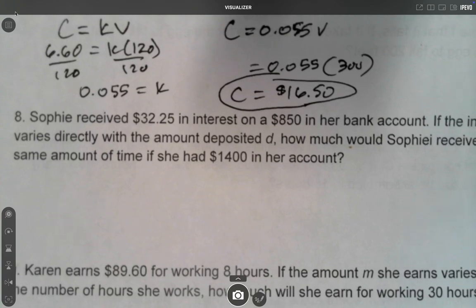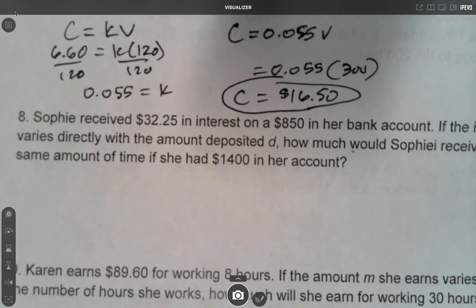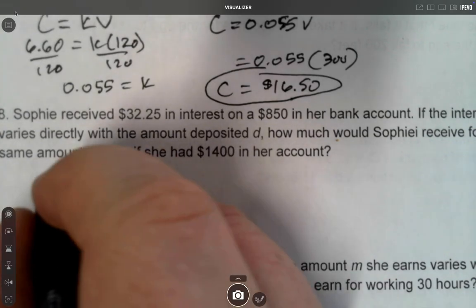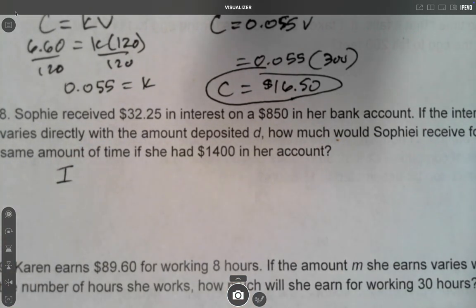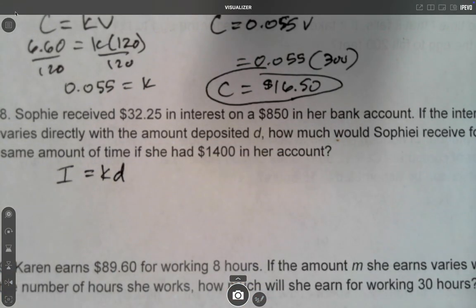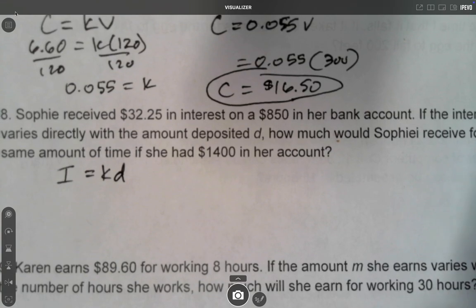Okay, number 8, Sophie received $32.25 in interest on an $850 deposit in her bank account. If the interest, I, varies directly with the amount deposited, D, how much would Sophie receive for the same amount if she had $1,400 in her account?